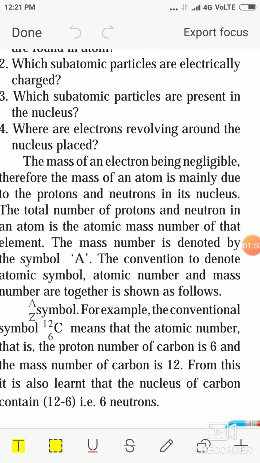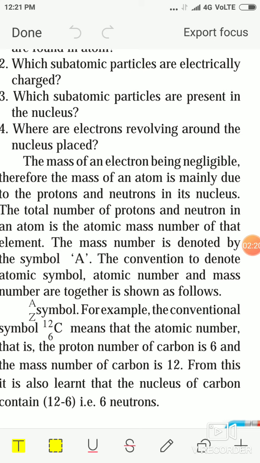One example is carbon: the atomic number of carbon is 6 and the atomic mass number is 12. So the proton number of carbon is 6 and the mass number is 12. From this we can learn that the nucleus of carbon contains 12 minus 6, that means 6 neutrons. So this is about carbon.